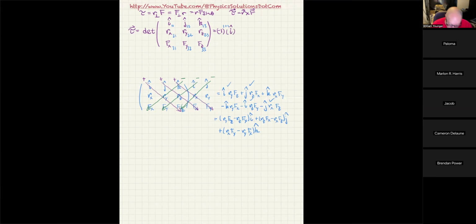And then I have to realize that now that I have taken into account this one, I can't have anything from this row or this column, and that leaves just this matrix right here. And I just do the determinant of that 2 by 2 matrix by multiplying this times this minus this times this. So in this case, we're going to write it as RYFZ minus RZFY. So that's the first term with the cofactor.